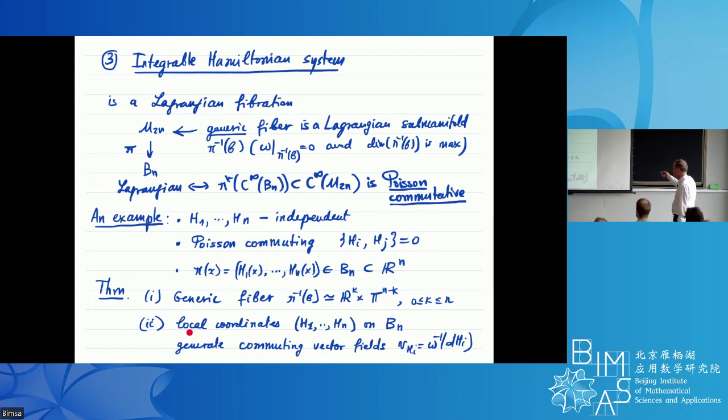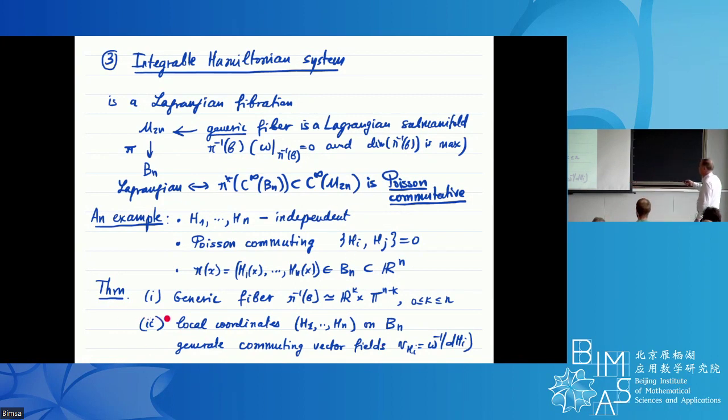Okay, so then there is a theorem known as the Liouville theorem, or the Liouville-Arnold theorem, and sometimes there is a third name.